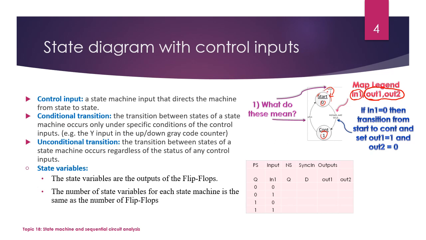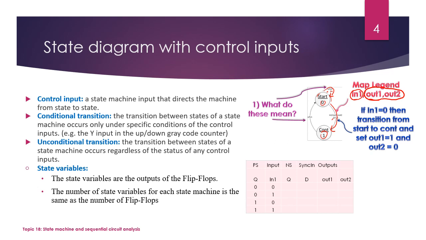Okay, and the 2 controlled outputs are 0, 0. However, when the input changes to 0, we follow this arrow here, which means the state will make a transition from the start state to the continue state. And at this moment, the 2 controlled outputs will be set to the values 1 and 0.